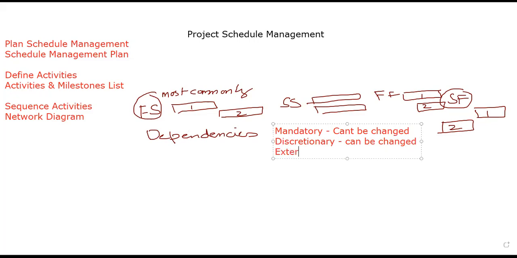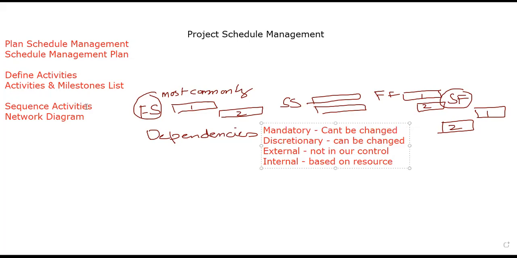We have external dependencies, which means they are not in our control and we are waiting on someone from the government, from the consultant, from the experts. And internal dependencies are based on our resources and resource availability. So these are the dependencies and the relationships which are handled at the time of the sequence activities process, so we can produce the network diagram.